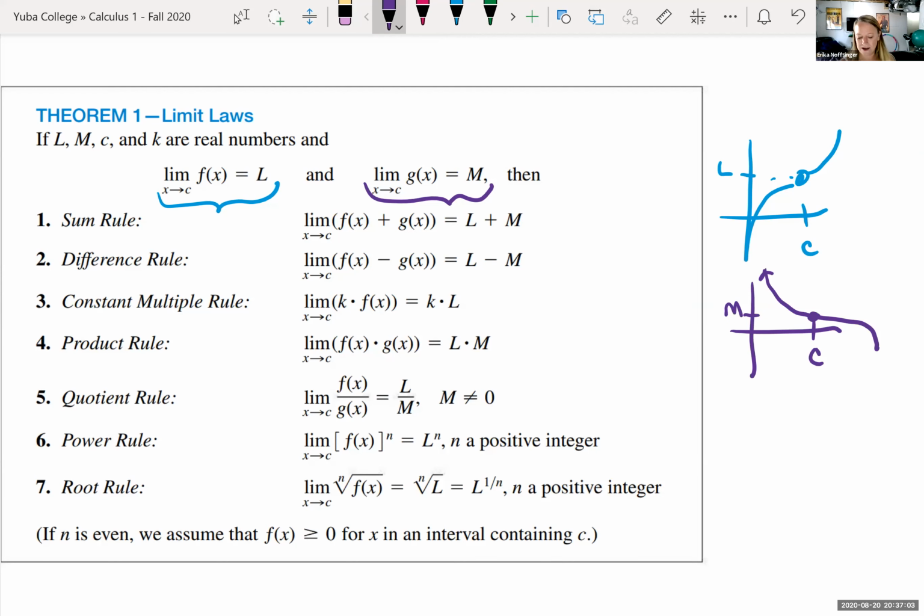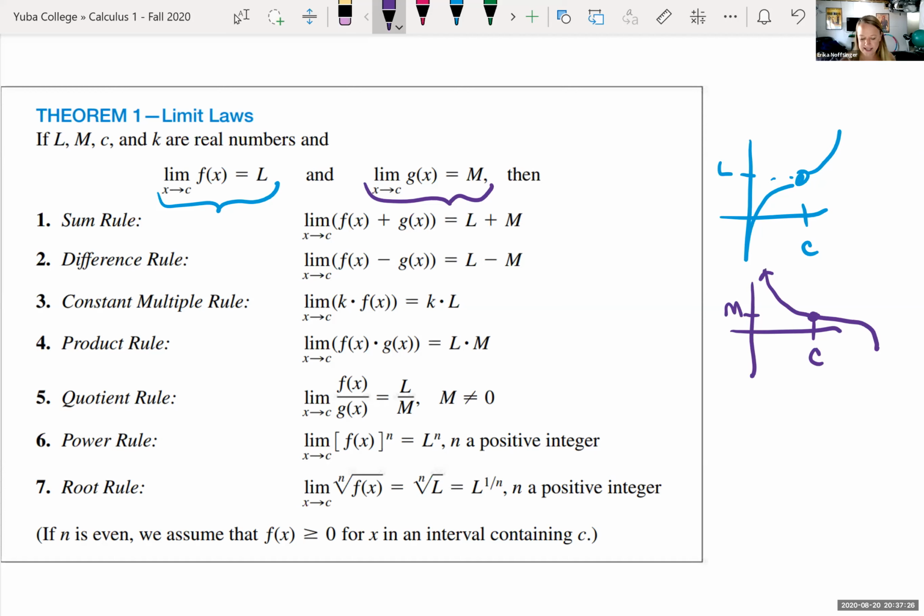So basically, we can take a function, and if it's split up between pluses or minuses, we can rewrite it as the limit of the first function plus or minus the limit of the second function. And so being able to do this into simpler terms is helpful. So those are rules 1 and 2.